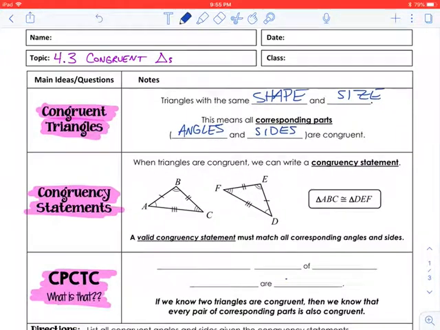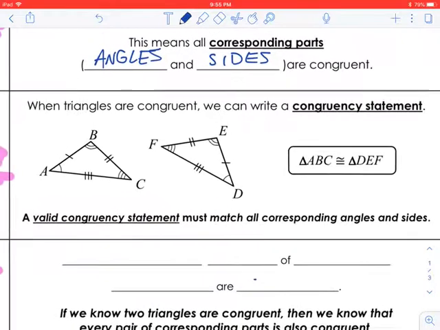Okay, so the exact same angle measurements and the exact same side measurements, or side lengths. With the same thing there, a congruency statement says two triangles are congruent, and the order is going to tell you exactly what part goes with what.